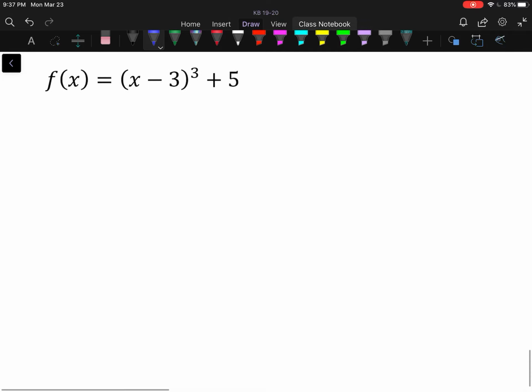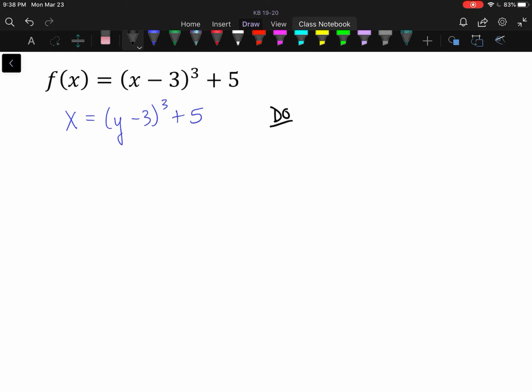All right, last example. So again, f of x is the same thing as y. If we skip that little step of rewriting it with a y, we end up with this. Throw our little do and undo list out there. So if we were evaluating, again, we would use PEMDAS.